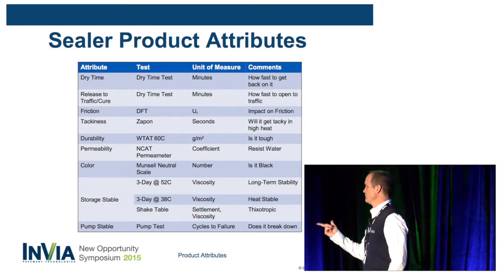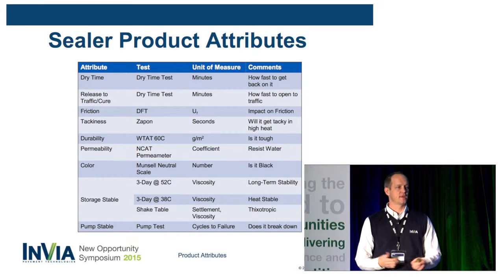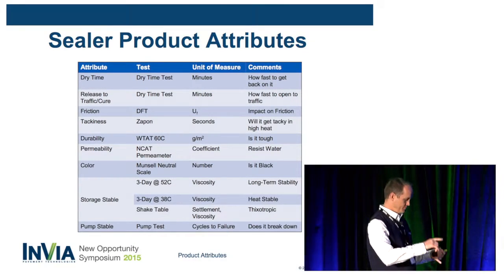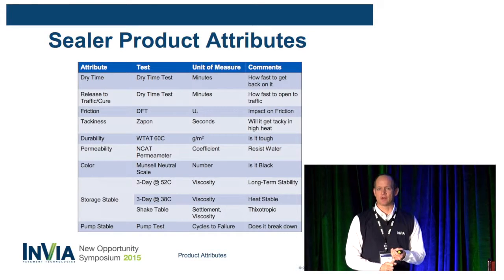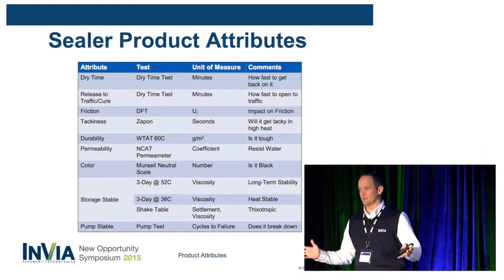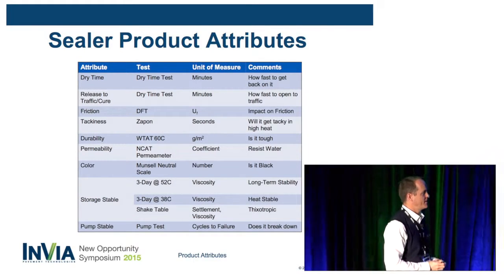And then pump stable. Can you pump it without the shear of the pump breaking the material down, again, problems you'd be worried about is losing your aggregate dropping out, or just through shear segregating your mastic, and you don't get a nice homogeneous film on the pavement.